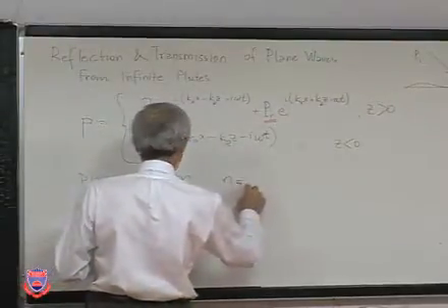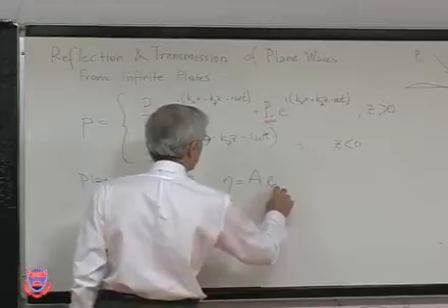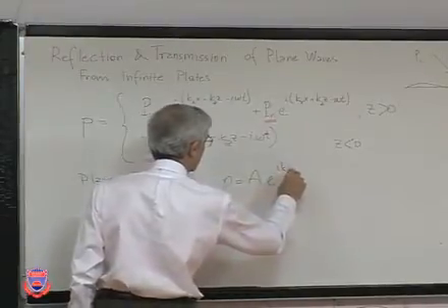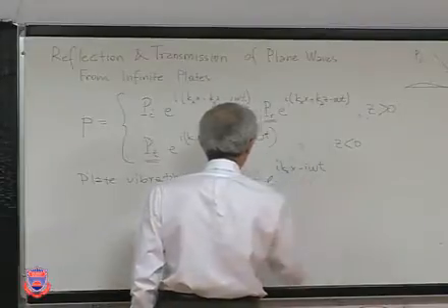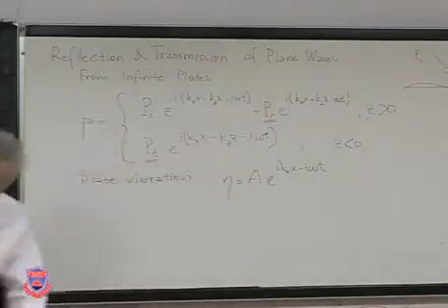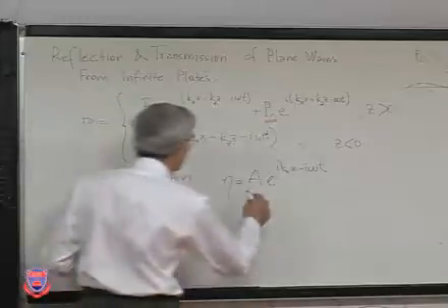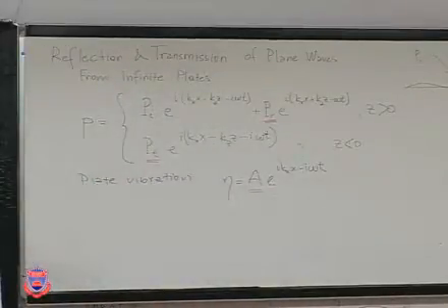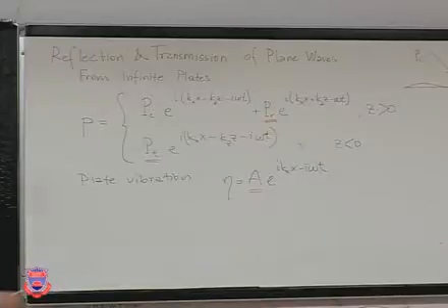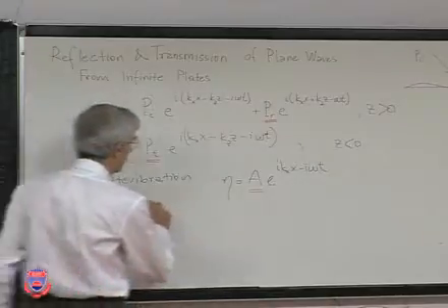So let's say the displacement amplitude is A e^(ikx minus i omega t). This is the displacement amplitude, and this is the last of the unknowns, the amplitude itself. Okay.